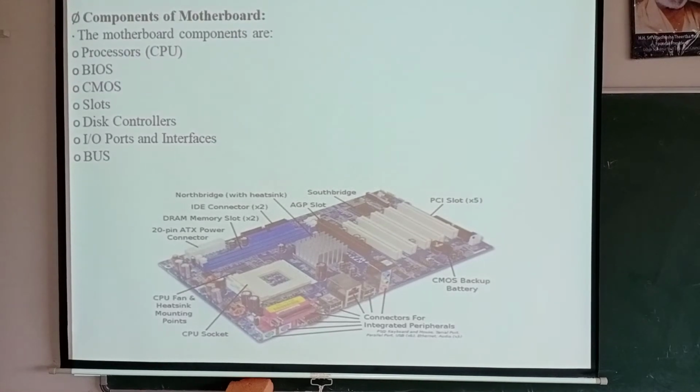Good morning, students. In the previous chapter, chapter 1 itself, we were studying the components of the motherboard. We discussed that the various components of a motherboard are the processor, that is the CPU, BIOS, CMOS, slots, disk controllers, input output ports and interfaces, then the bus.